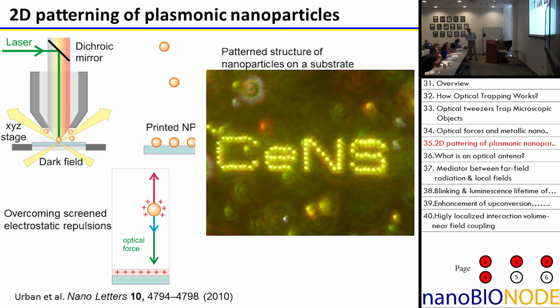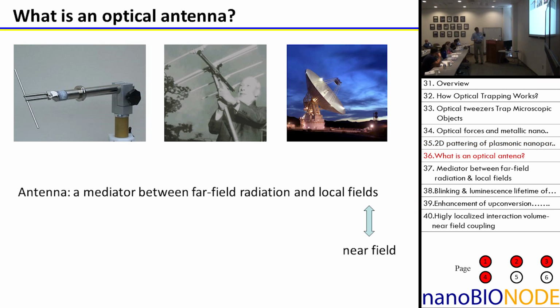Now, what I want to discuss next is how those nanoparticles can behave like an equivalent of an antenna, right? So we know what an antenna is, right? It's essentially providing us mediation between far-field radiation and the local fields, right?